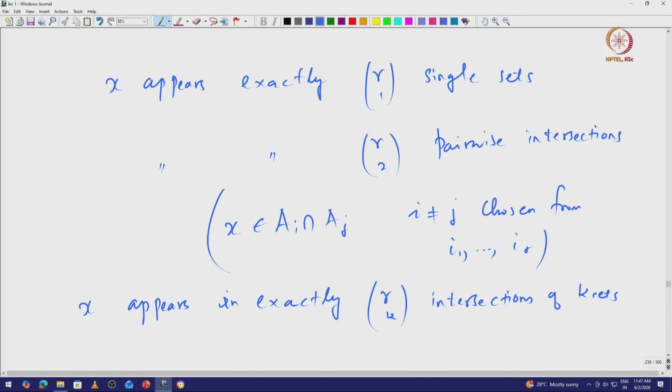Where will these k-set intersections come from? That will again come from this collection I1 etc. IR. We choose any k number of sets from this A_{i1} etc. A_{iR}, and then it is clear that x appears in that intersection, and this is the only way it can appear in the intersection.